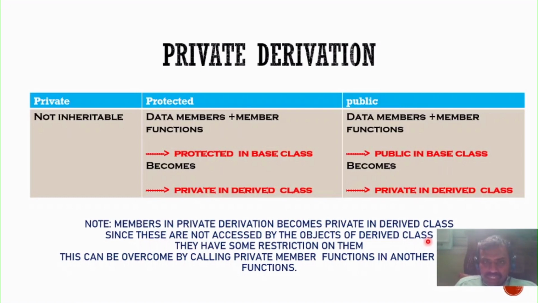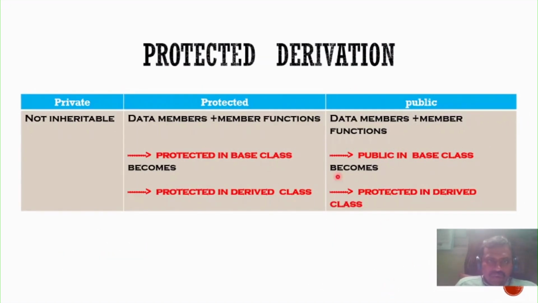This is one of the restrictions of using the private derivation. Further, it continues that they have some restrictions on them, and this can be overcome by calling the private member functions in another member function. That's it. You are going to come to know about this when we deal with the private derivation. Now moving on to the next slide, that is protected derivation.